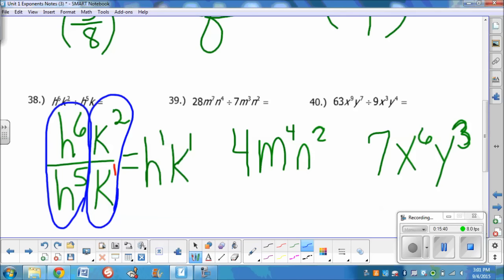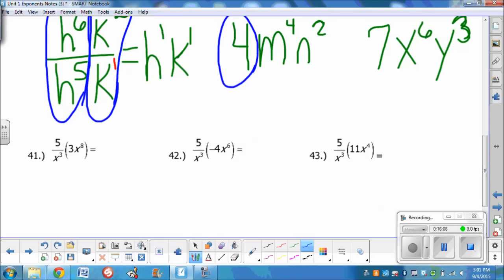And then 39, 28 divided by 7, that's where that 4 comes from. And then looking at the m's, m to the 7th and m to the 3rd, 7 minus 3, 4. And then the n's, n to the 4th divided by n squared gives me n squared again, because 4 minus 2 is 2. Same thing with 40.